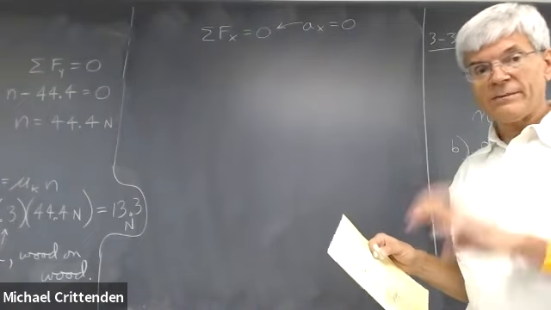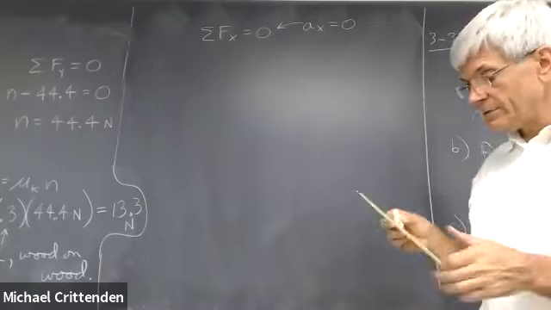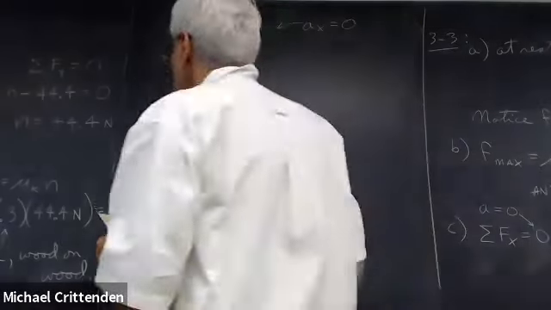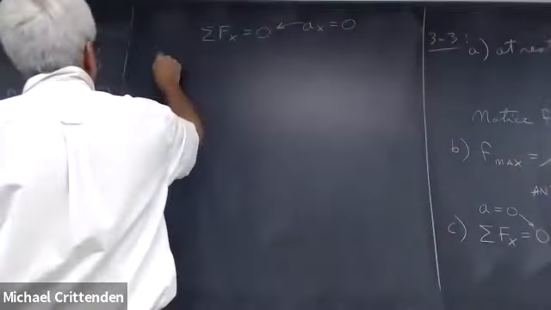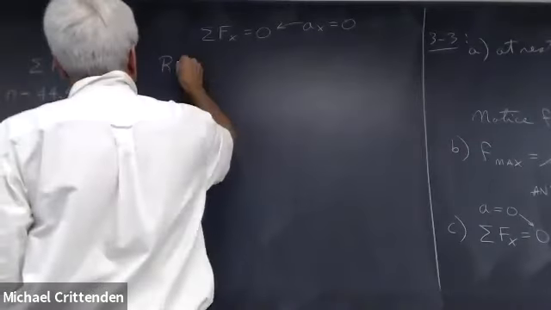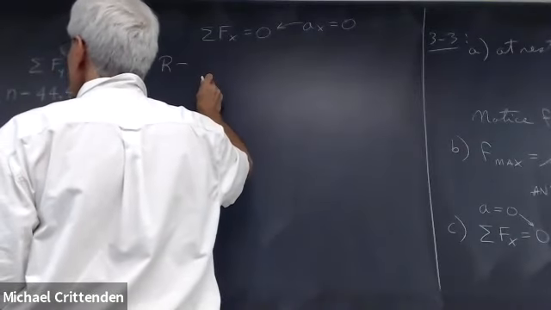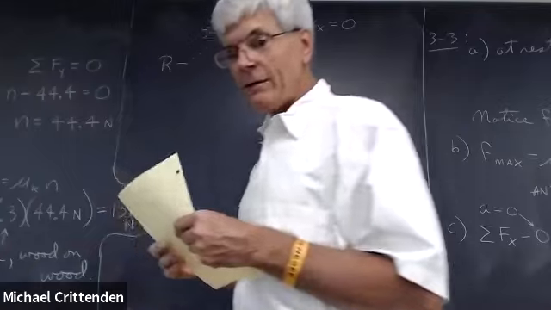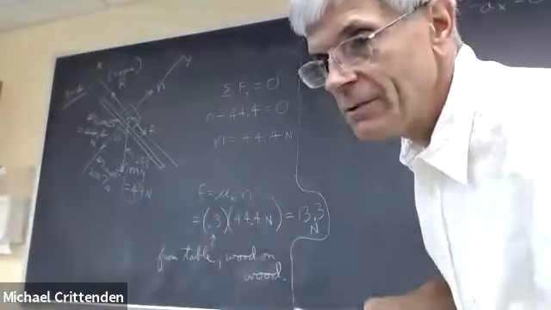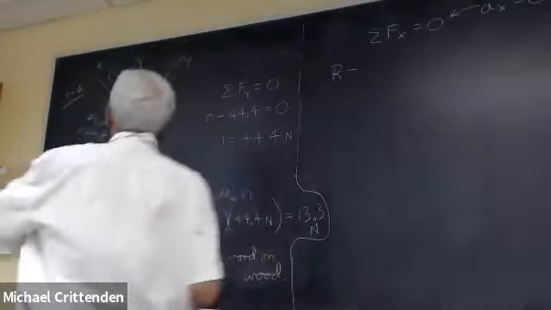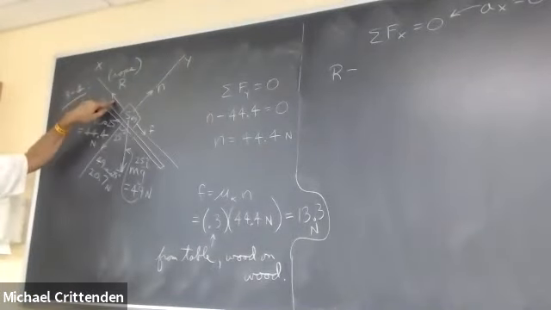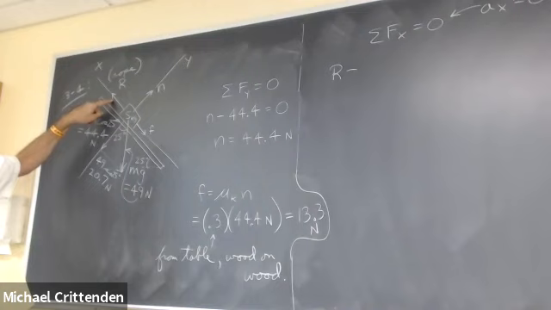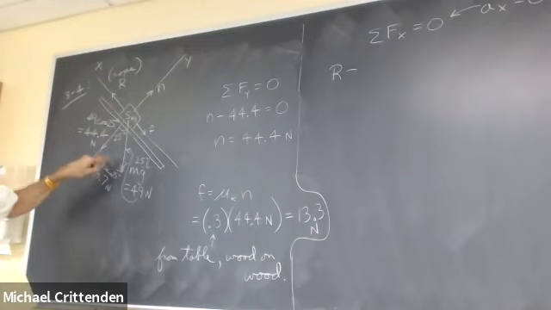So m times a equals 0. In the positive direction, R for rope. Pulling downhill, maybe I should go back to my picture here for a moment. I'm calling this direction positive. So I've got the rope pulling uphill. I've got two different forces pulling downhill.